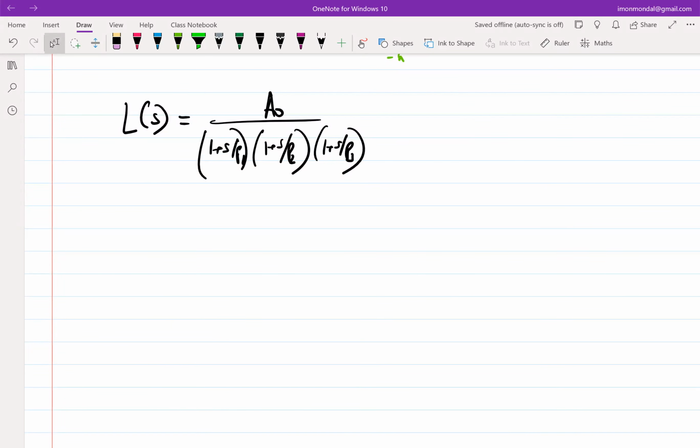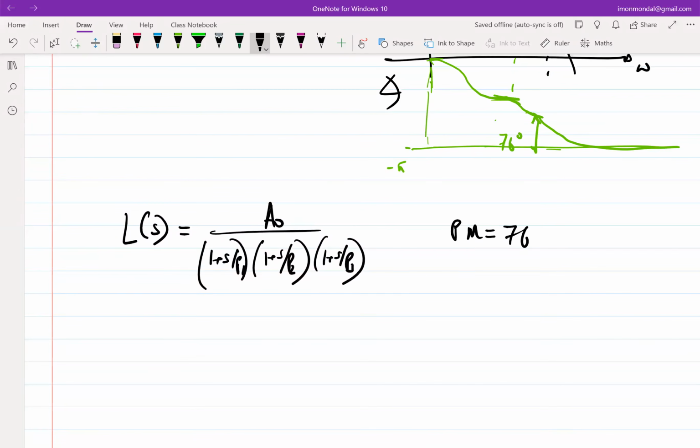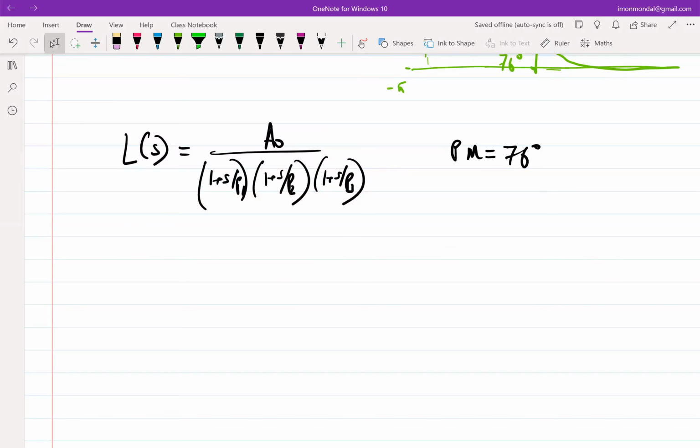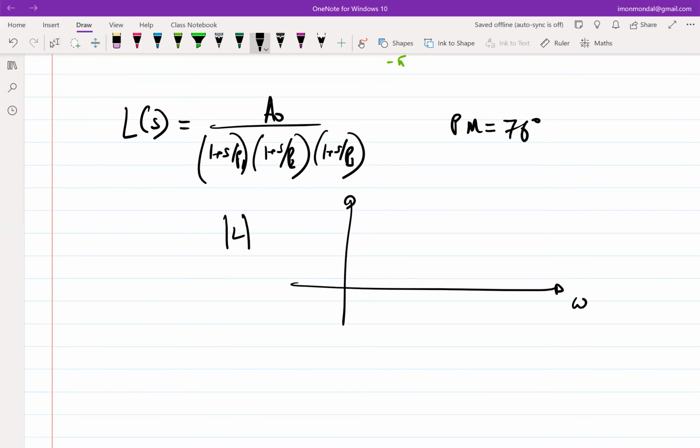So what we are looking for is a phase margin of 76 degree. So what do I know? So what is the method now? The method will be to plot L of S. Fine. So I will mark off P1, P2, P3 and we'll see.